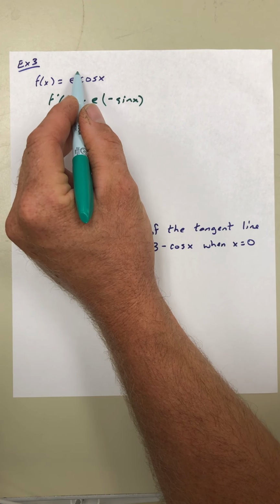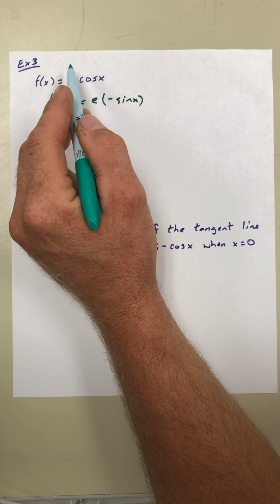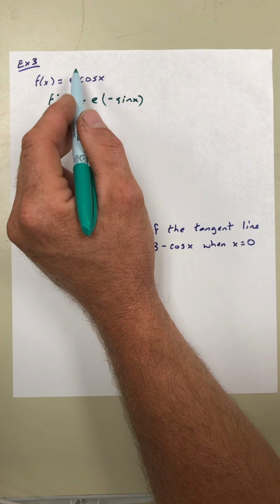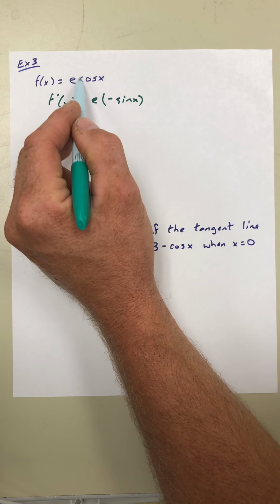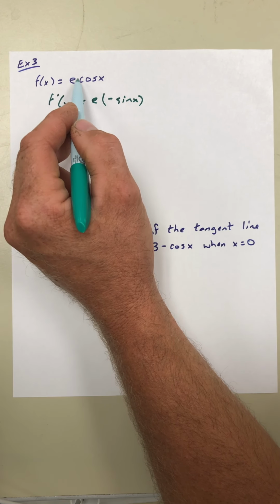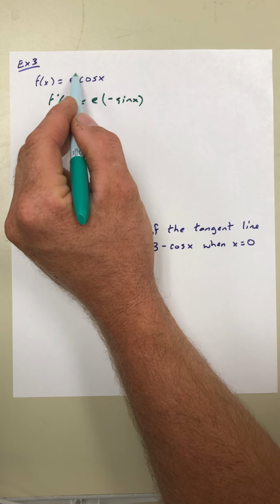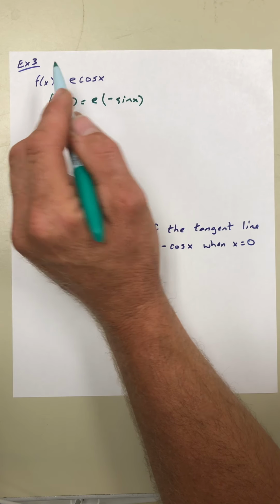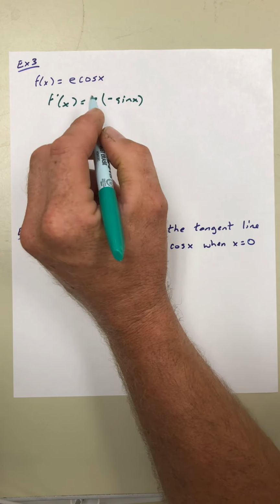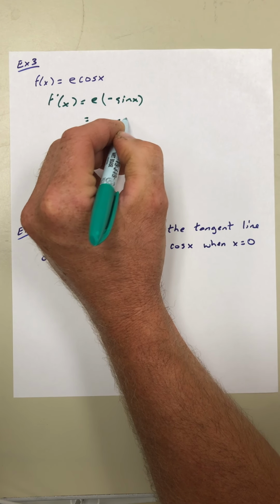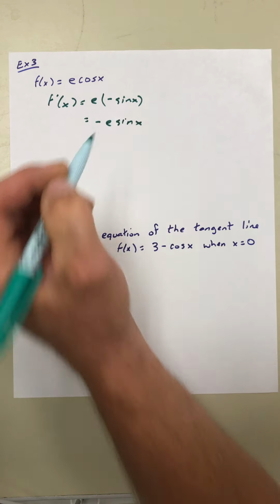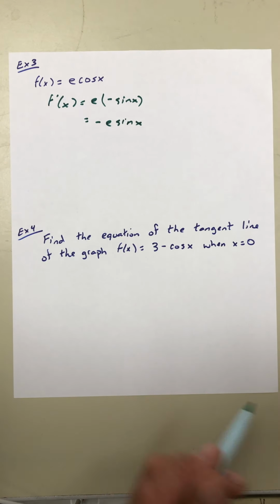When we put a variable on the top of this, it becomes a whole other ball game and a whole other problem, so be careful with that. If it's just a number, it acts like a number. If it's e to an exponent, then it's an exponential function, a completely different problem. So again, we can clean this up as negative e times the sine of x. And that's our derivative.